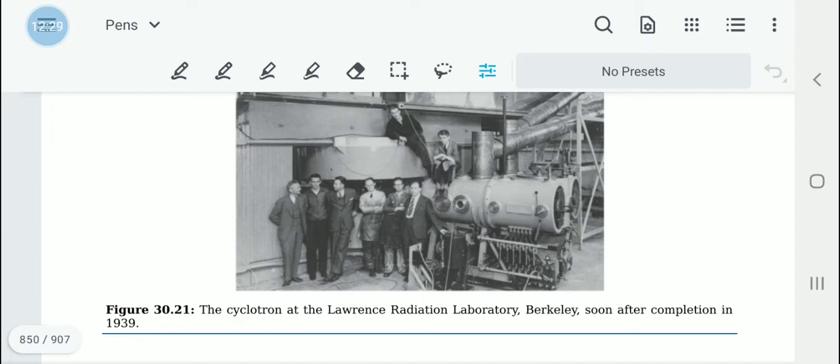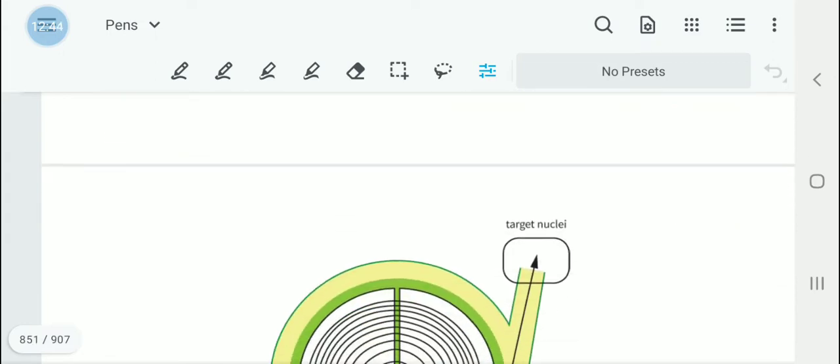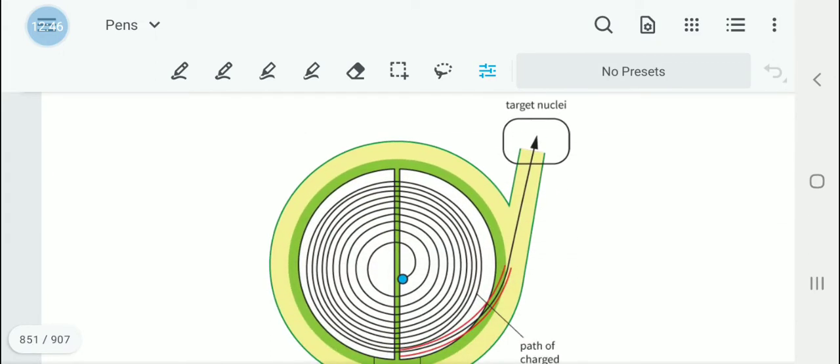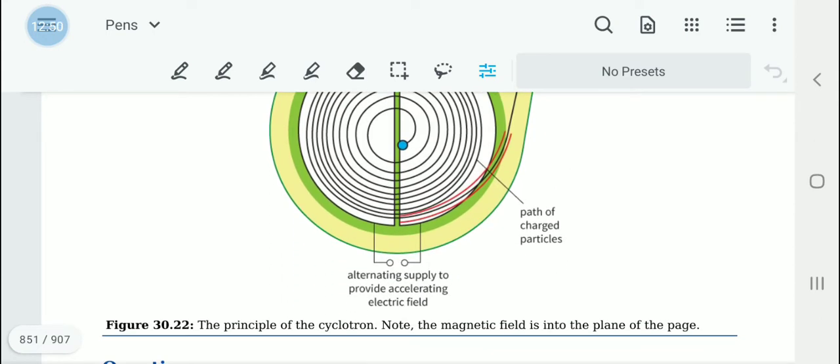So you would need a cyclotron like this to produce the required radioactive materials to treat the patient. If it is somewhere else, that could be a problem. So this is how it works.